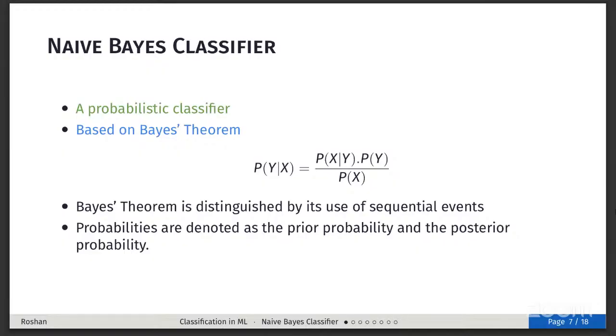For that, you combine what all events happened previously, and the next coin toss is sort of dependent on the previous sequence of events. That's what Bayes theorem essentially says.